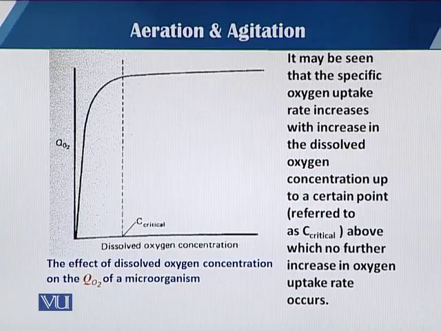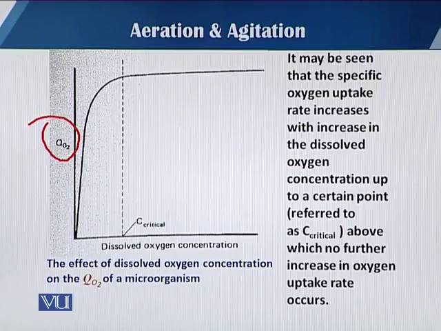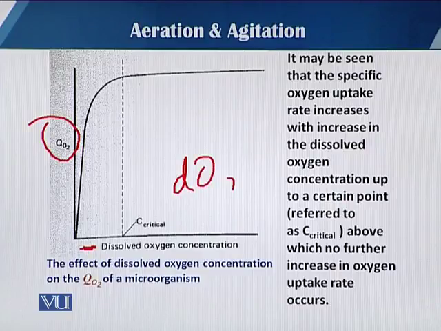You can see in this graph that on the x-axis is the dissolved oxygen concentration, and on the y-axis is QO2. If the number of cells is constant, we can see that the utilization and uptake of oxygen gradually increase with the increase in dissolved oxygen, but then it becomes constant at a certain point.